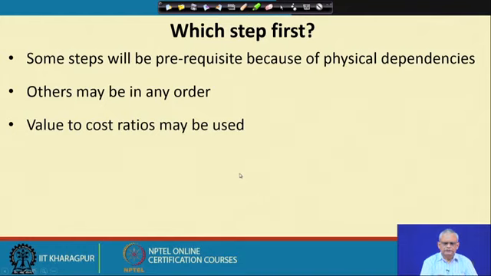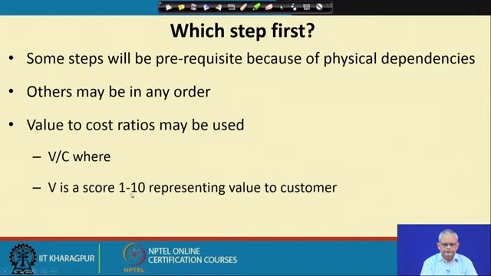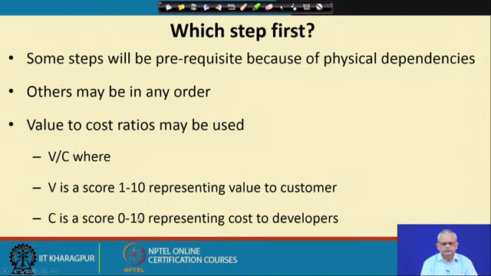But if some requirements can be done in any order, then we can compute a value to cost ratio. This is called the V by C ratio, where V is the value to the customer and C is the cost of development. We can ask the customer to give a value from 1 to 10, and the development team gives a cost from 1 to 10.